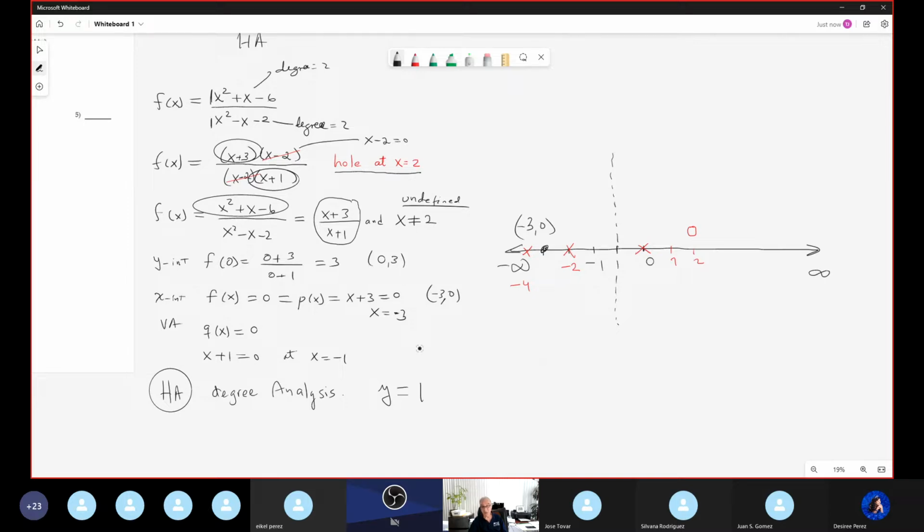I have no idea, but let's try. You take the original function and you force it to be equal to 1. You apply cross multiply.